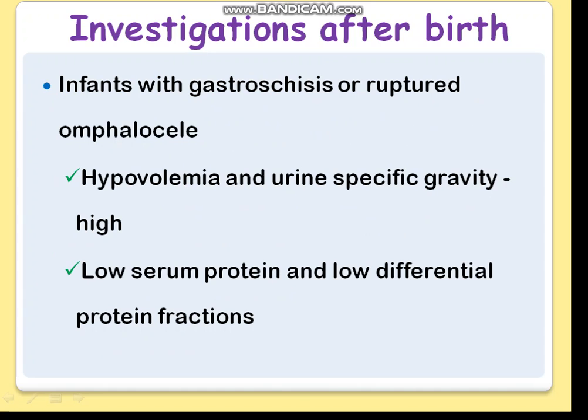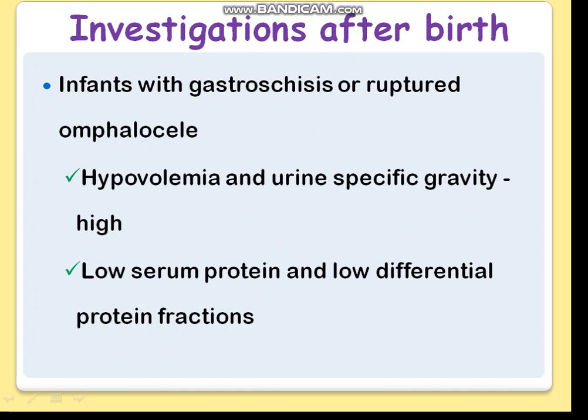Infants with a gastroschisis or a ruptured omphalocele, അവരിൽ hypovolemia and urine specific gravity is very high. So they can have large amount of water loss അല്ലേ. ഈ അബ്ഡോമിനൽ ക്യാവിറ്റി അല്ലെങ്കിൽ ആ കണ്ടൻസ് ഒക്കെ വെളിയിലേക്ക് എക്സ്പോസ്ഡ് ആയതുകൊണ്ട് അതിൽ കൂടെ ഇൻസെൻസിബിൾ വാട്ടർ ലോസ് ഭയങ്കര കൂടുതലായിരിക്കും.